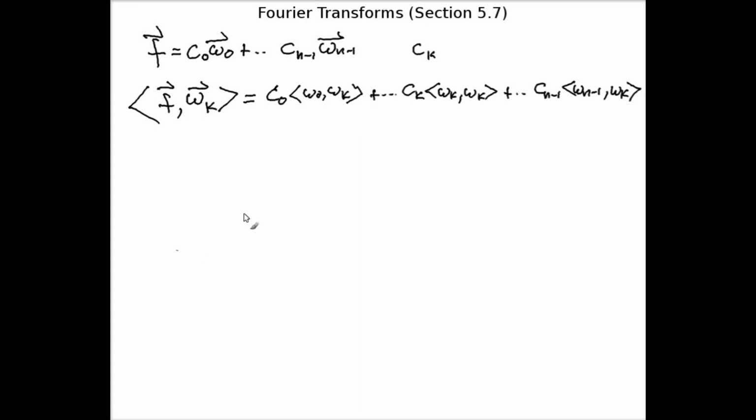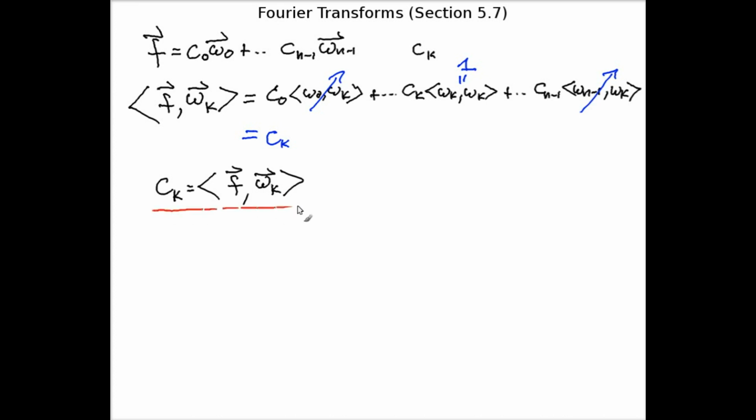And by orthogonality, all of these terms are 0 except for the one with k. And by orthonormality, this number is 1, and the right-hand side is simply giving you ck. So you get a formula. Ck is simply the inner product of f with omega k.